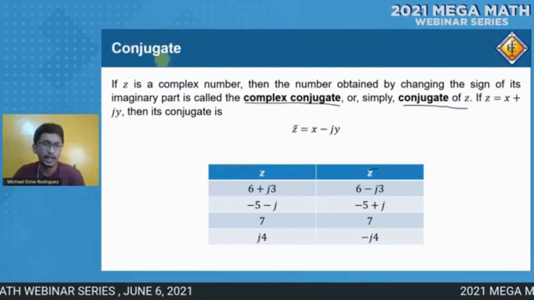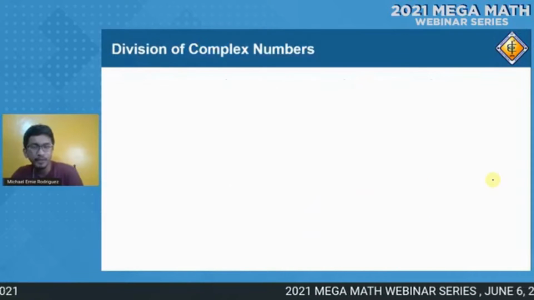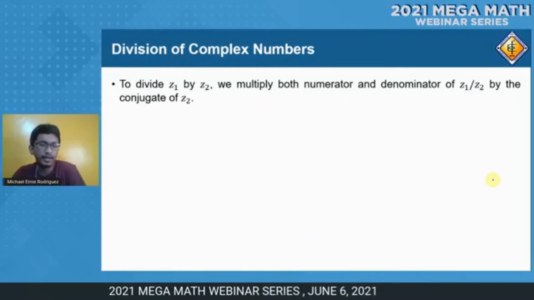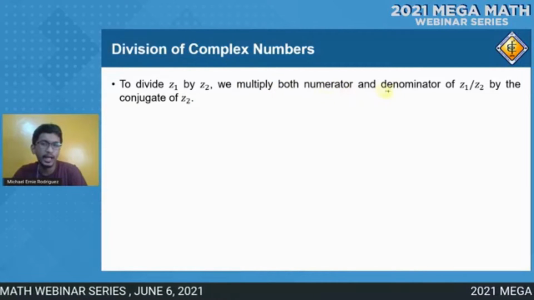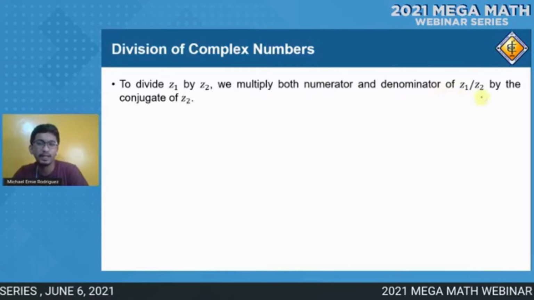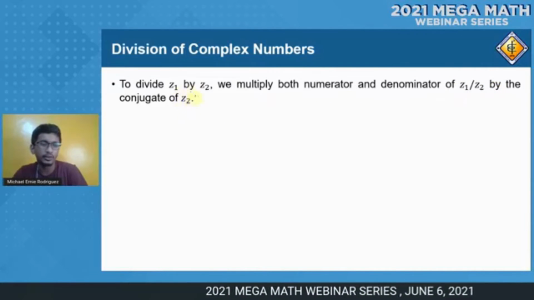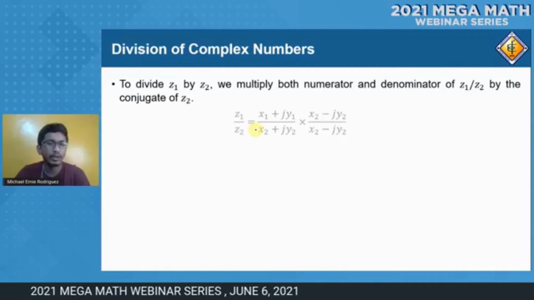So this concept of the conjugate, we will use for division of complex numbers. So in division, to divide Z1 by Z2, we multiply both the numerator and the denominator of Z1 over Z2 by the conjugate of Z2.